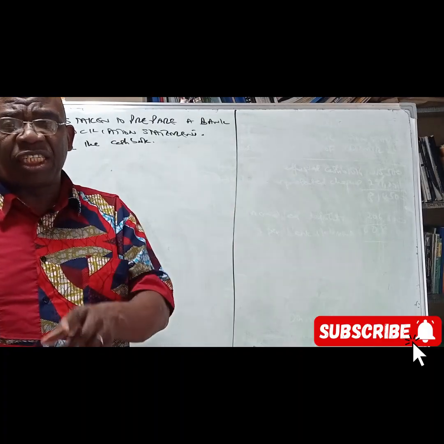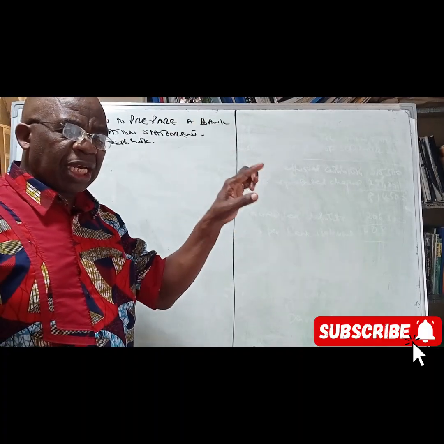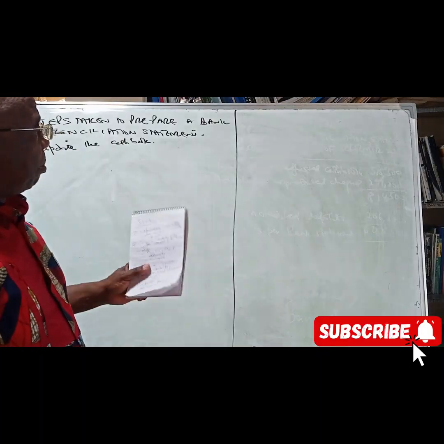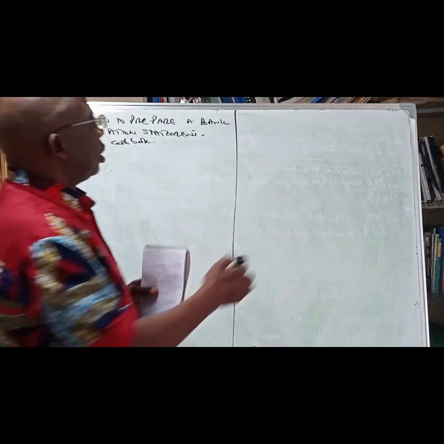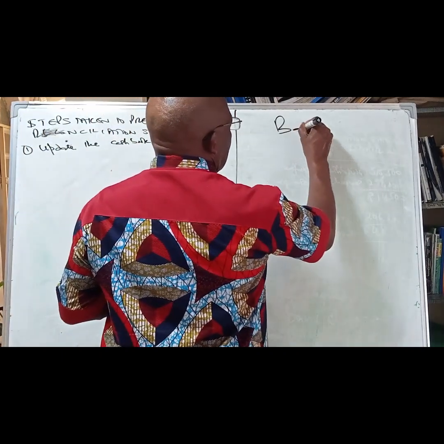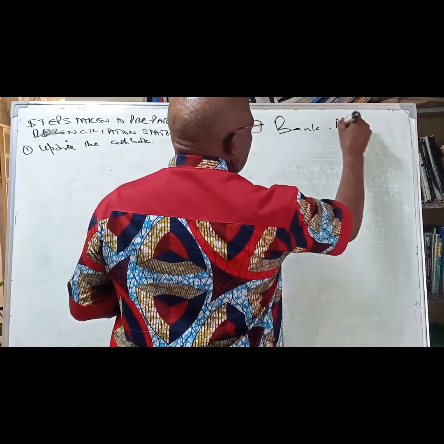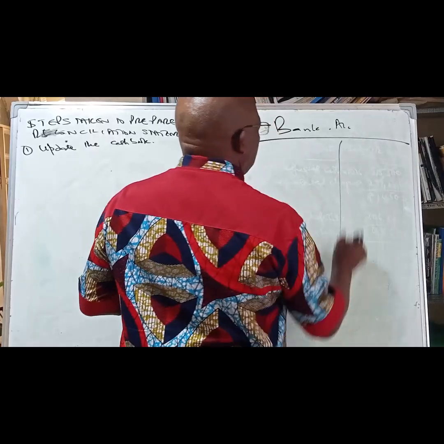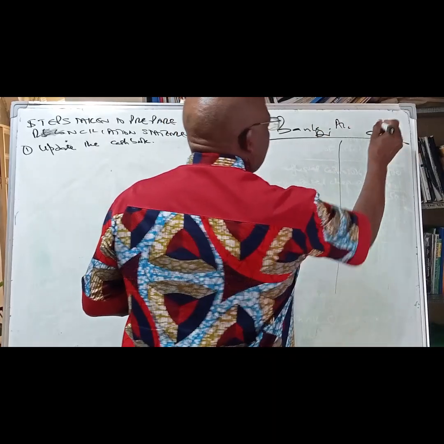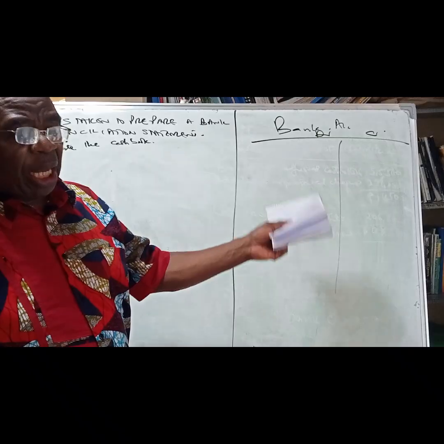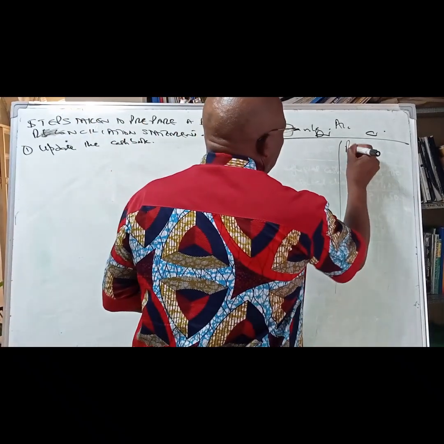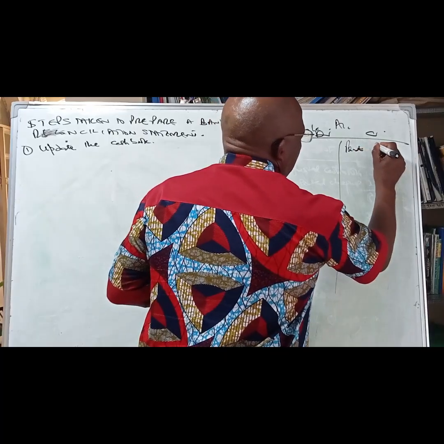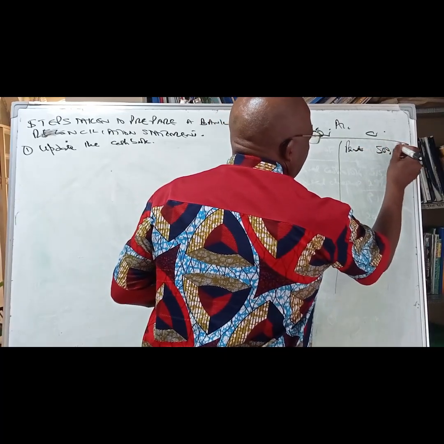If it is bank charges, we credit the bank account in the cash book. In the bank account in the cash book, we have the debit and credit. So if they have paid rent on our behalf, we will come here and say they have paid rent 500,000.